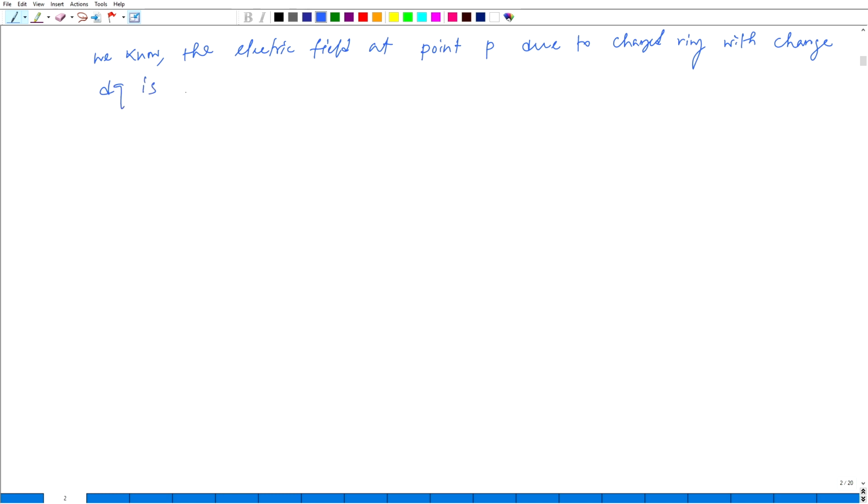You already know we calculated this in the previous class. So, dEz, only the z component, is 1 over 4 pi epsilon naught, z dq over the distance, since for this ring the charge is dq, and the corresponding electric field is dEz. The distance is (r prime square plus z square) to the 3/2. So, the only difference is that the charge is dq.